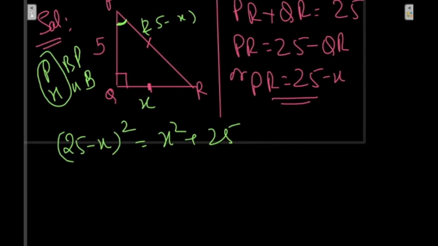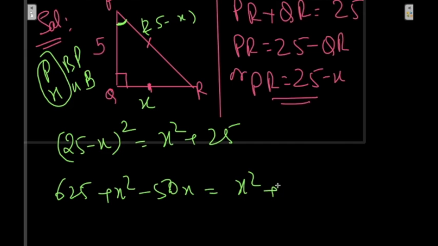There are two ways to solve. Whether we expand it then solve it, or there is one more way. Anyways, we'll do it this way, which is 625 plus X square minus 50X, a minus b whole square. This is equal to X square plus 25. This X square cancels with X square. 25 will come here and 50X will go this side.